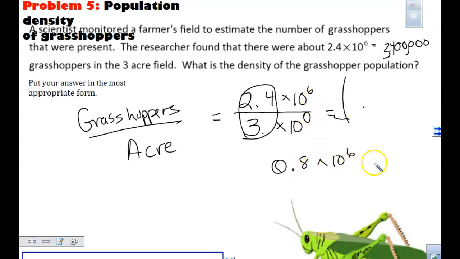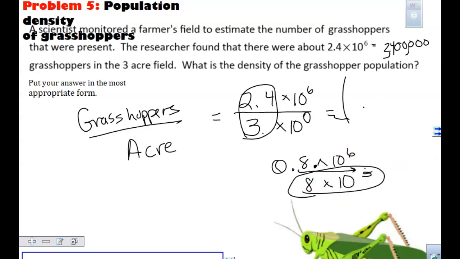This was telling me to move it 8 places. In scientific notation, I'm really going to write it as 8 times 10 to what power? Okay, this was telling me to move it over 6 places. If I put the decimal here, do I have to move it as far? No, I have to move it 1 less. So my answer would be 8 times 10 to the 5th.